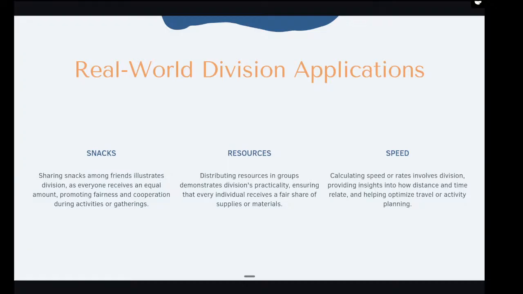Distributing resources in groups demonstrates division's practicality, ensuring that every individual receives a fair share of supplies or materials. Speed. Calculating speed or rates involves division, providing insights on how distance and time relate, and helping optimize travel or activity planning.